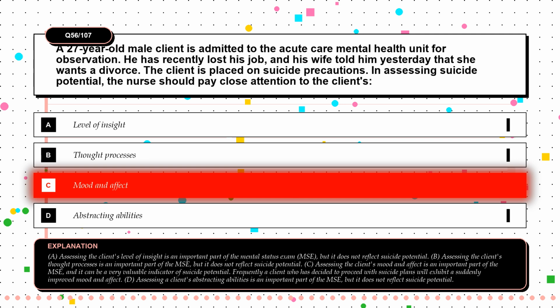C. Assessing the client's mood and affect is an important part of the MSE, and it can be a very valuable indicator of suicide potential. Frequently, a client who has decided to proceed with suicide plans will exhibit a suddenly improved mood and affect. D. Assessing a client's abstracting abilities is an important part of the MSE, but it does not reflect suicide potential.